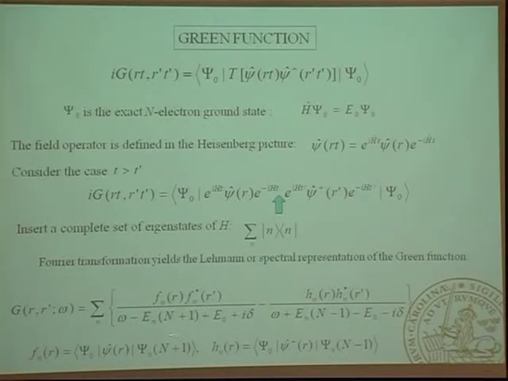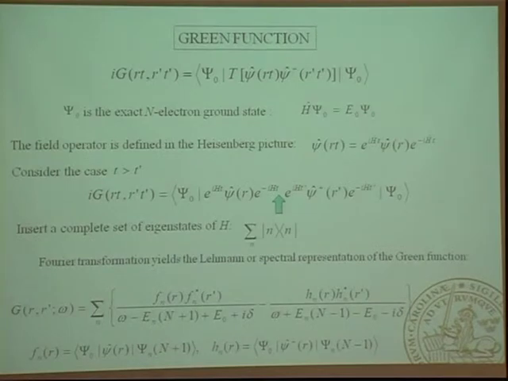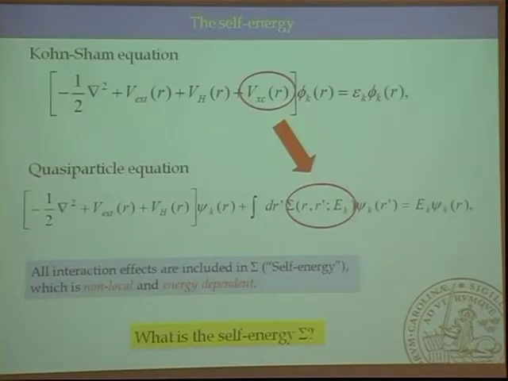Then you write it in this form, and you will find that this quasi-particle wave function is essentially this quantity here, what I call F and H. So what we need is the self-energy here.